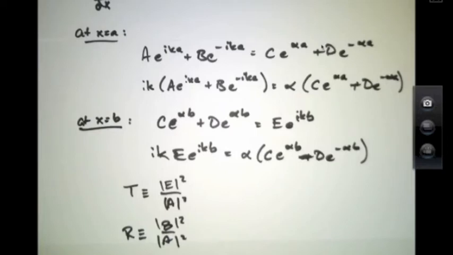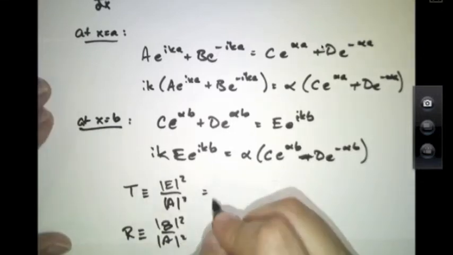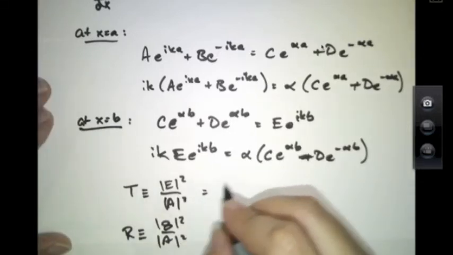There's a great deal of algebra here that's not especially interesting. It's replicated in Ohanian quite well. I'll just cite an equation here with the transmitted fraction.